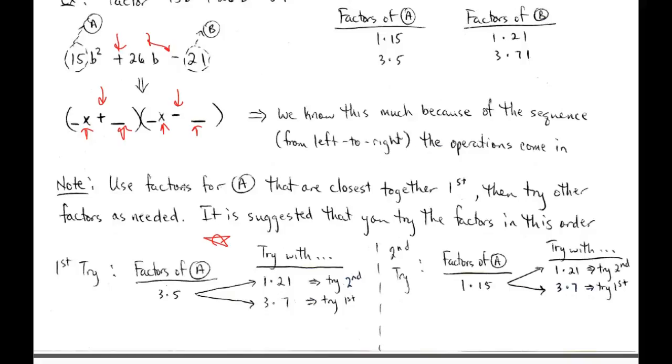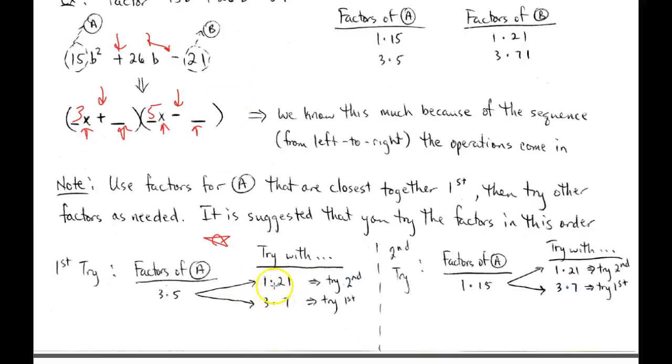So as you see, what I've done is I've elected to say, I know that 3 times 5 is 15. So let's put a 3 here, let's put a 5 there. And then I'm going to try 7 and 3 first, because I know 7 times 3 is 21.